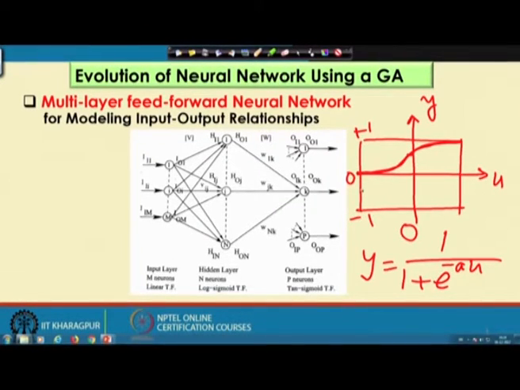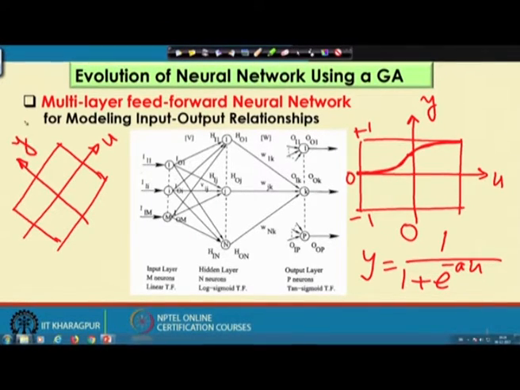Similarly, if I see the tan sigmoid transfer function, this is the input u and output is y, and the plot will be something like this. This is minus 1, 0, plus 1, and this is the positive direction of u.